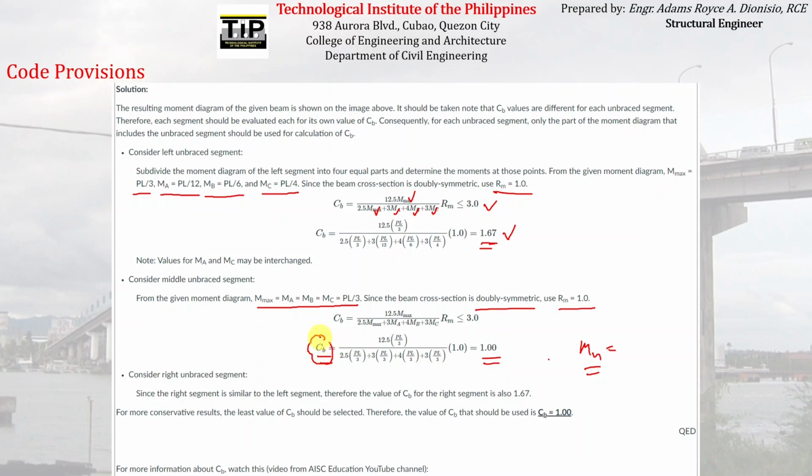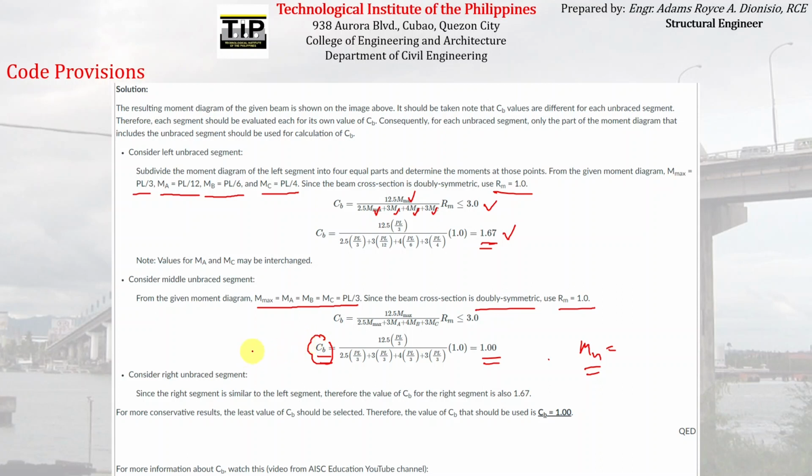So there is no variation of the nominal moment with respect to lateral torsional buckling if the unbraced length experiences constant moment.